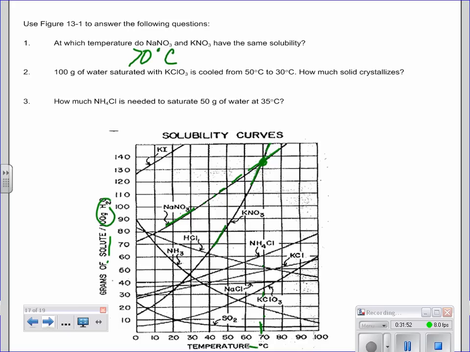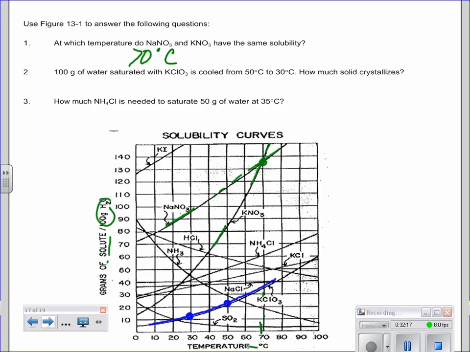Okay, next one, it says we have 100 grams of water saturated with potassium chlorate, and it's cooled from 50 to 30 degrees Celsius. So I find my potassium chlorate, and it goes from 50 degrees to 30 degrees Celsius. We want to know how much of that solid crystallizes out.